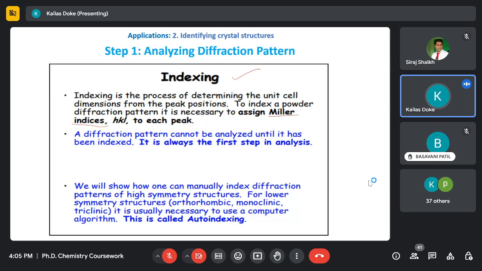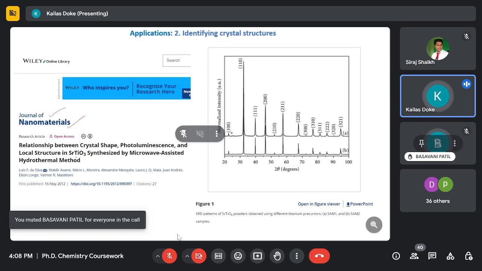Okay. So they synthesized strontium titanate crystal by using microwave assisted hydrothermal methods, and they got powder form strontium titanate, and they got the powder XRD pattern. Not the spectra, it is a diffraction pattern.